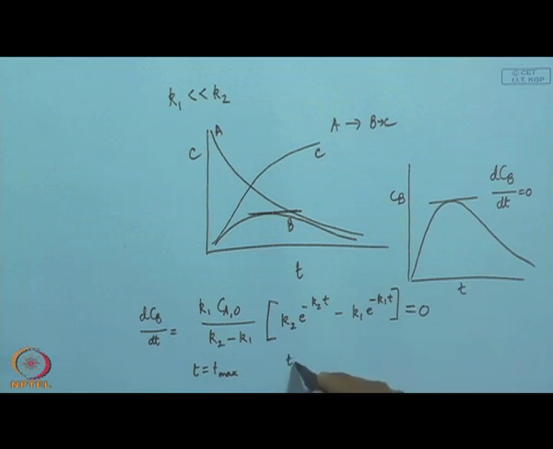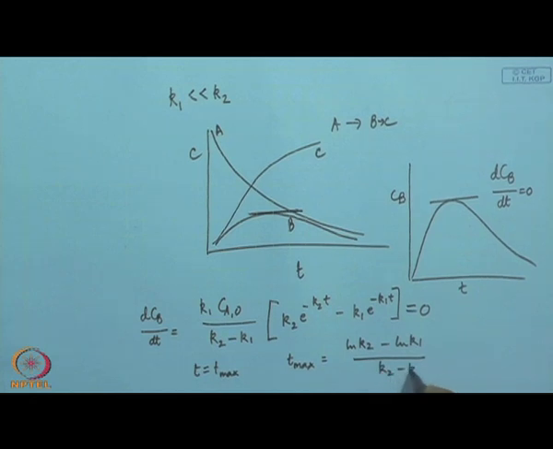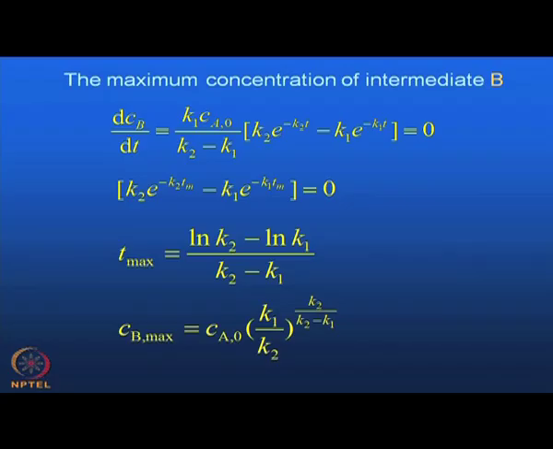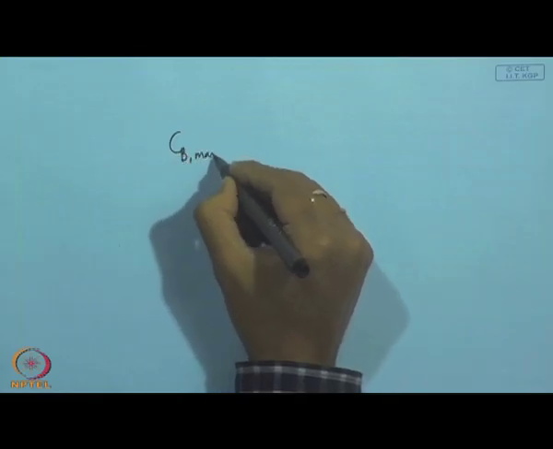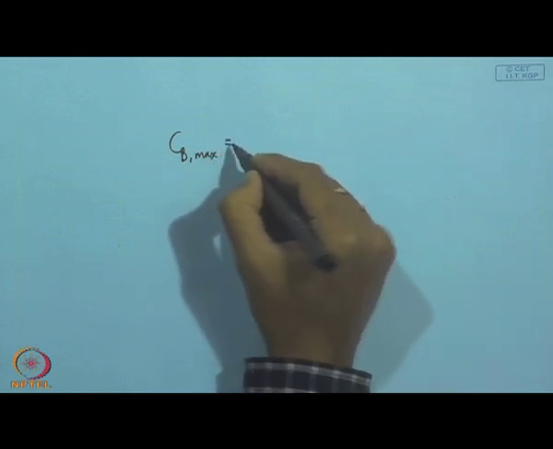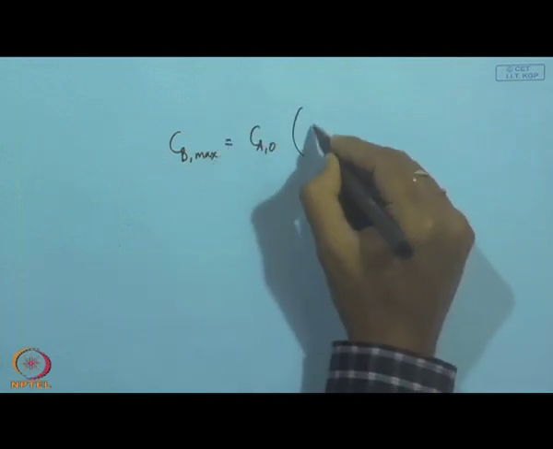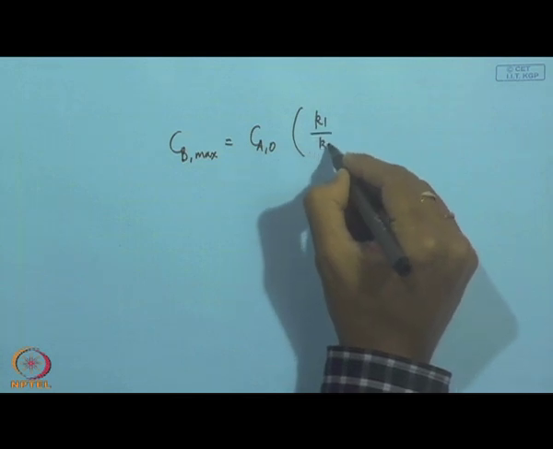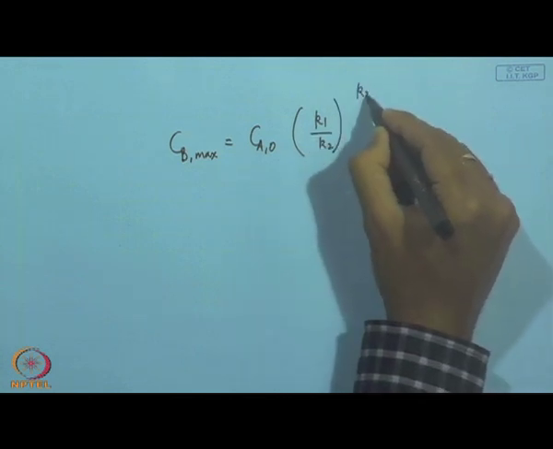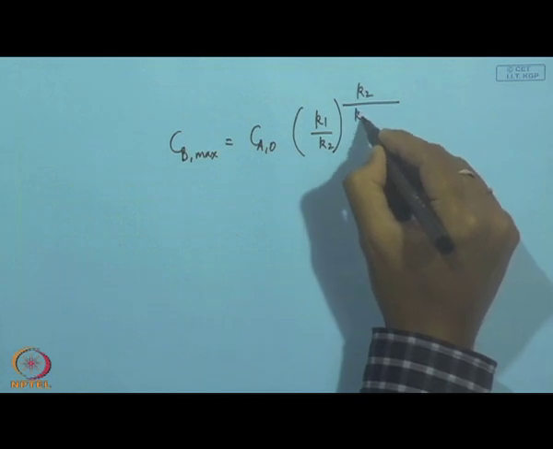So, t max will be equal to (ln K2 minus ln K1) divided by (K2 minus K1). So, CB max, that is the concentration of B at t max, the maximum concentration of B, will be equal to CA0 (K1 by K2) to the power K2 divided by K2 minus K1.